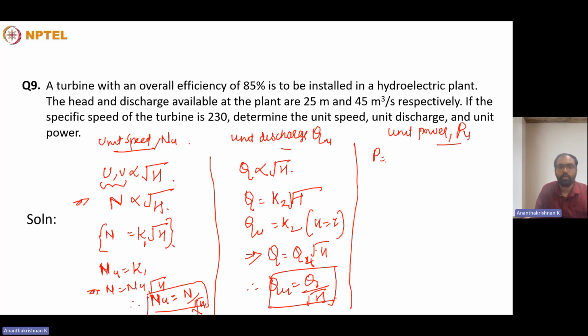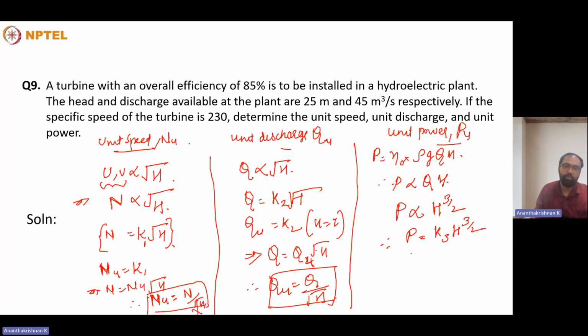The formula for power is overall efficiency multiplied by the power which is available at the inlet, that is rho g into Q into H. So effectively, P is directly proportional to Q into H. Since Q itself is directly proportional to root of H, P is directly proportional to H raised to 3 by 2. So P is equal to K3 into H power 3 by 2, where K3 is the proportionality constant.